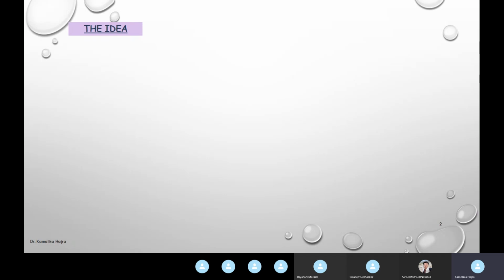But whatever be the case, we need two disturbances, two waves to interfere.